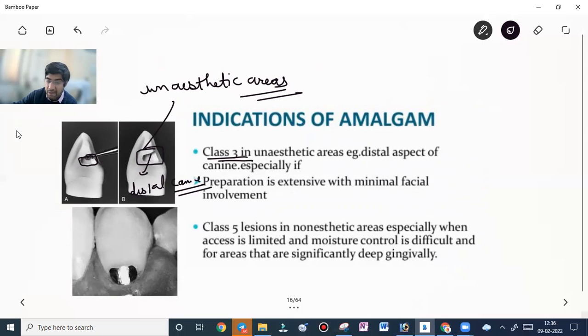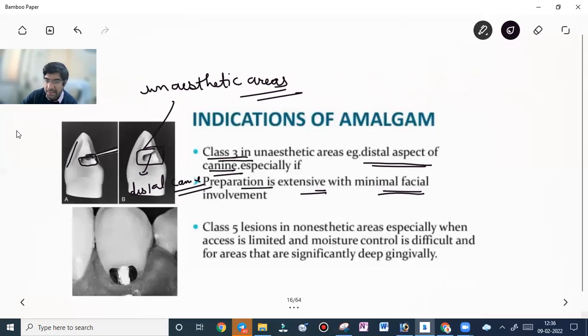Remember, we can give that in the areas that are not in highly aesthetic area of the mouth. So we choose the distal aspect of the canine. That is very important from your exam point of view. So the preparation is extensive with minimal facial involvement. So there is minimal facial involvement.